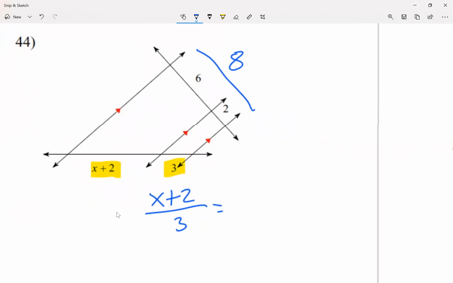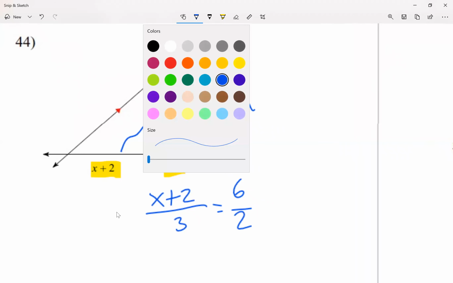Now, x plus 2 goes directly with 6. 3 goes directly with 2. I'm not going to use the 8 because I'm not using the whole side where x is. Okay, so now let me just cross multiply.